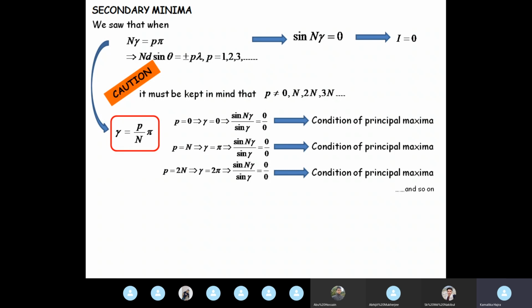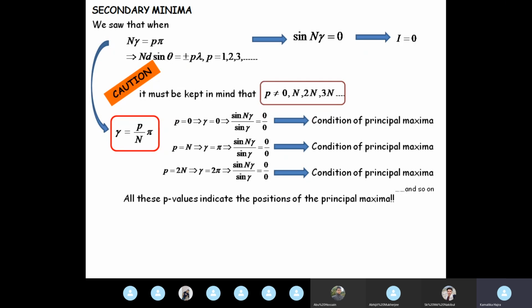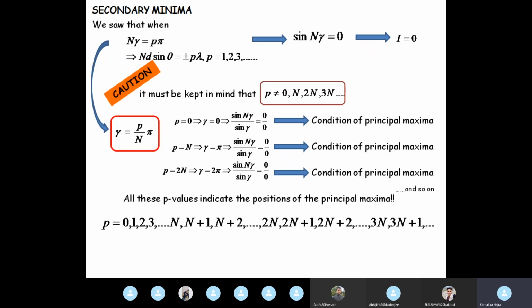Okay, and so on up to any integral multiple of capital N. Therefore, these values p equals 0, N, 2N, 3N indicate the positions of the principal maxima. Therefore, p can mathematically have all these values 0, 1, 2, 3, etc. up to N, then N plus 1, N plus 2, etc. up to 2N, 2N plus 1, 2N plus 2, etc. up to 3N, and so on. Mathematically, all these integers are possible.